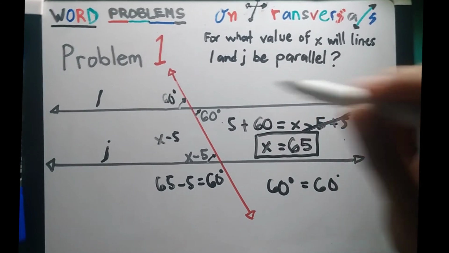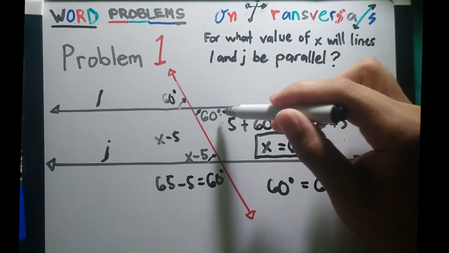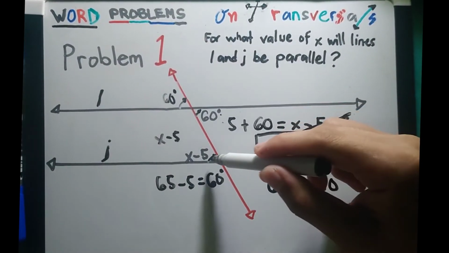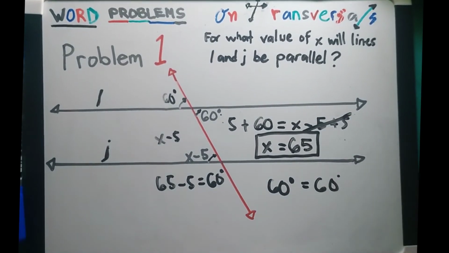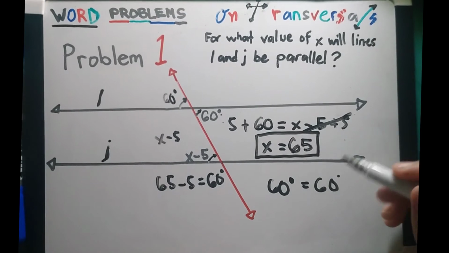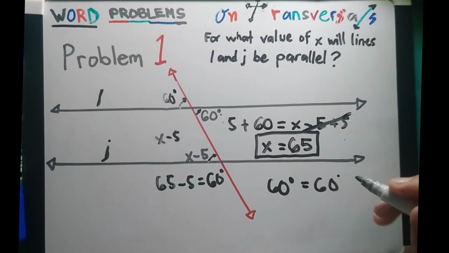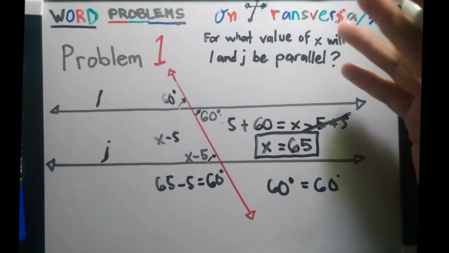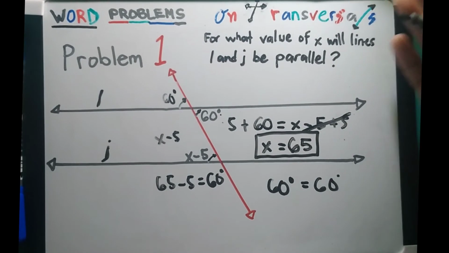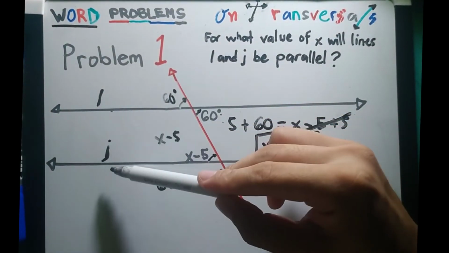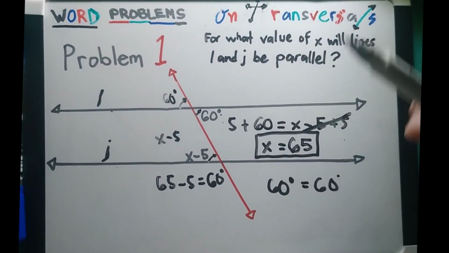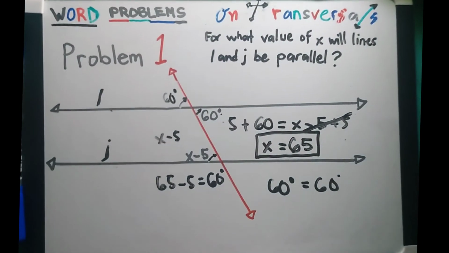And since this angle is 60 degrees, and we now have found that the second given is also 60 degrees, we can now see that they are indeed alternate interior angles. Thus, in conclusion, making these two lines, the line L and line J, parallel. We now have solved this particular problem.